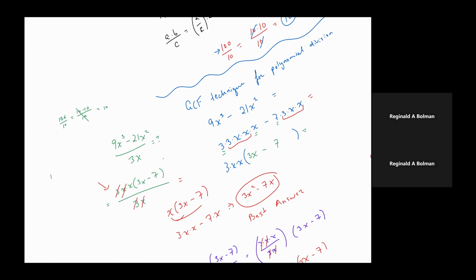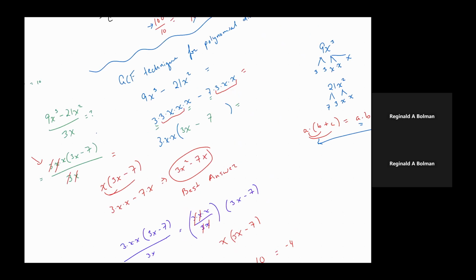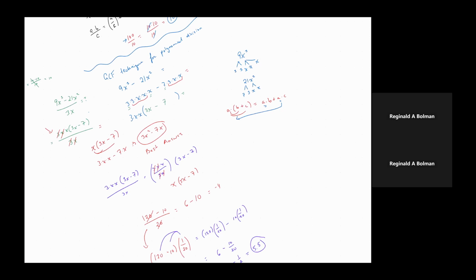One of the techniques that the book teaches is that we should just treat this as though we are multiplying by an inverse, which is all well and good. So if you have 9x cubed minus 21x squared, and you're trying to divide by 3x, the book doesn't exactly explain it this way, but here's what's going to happen.